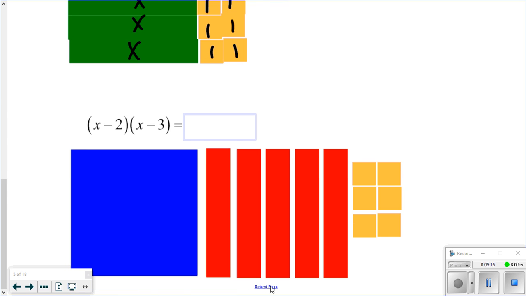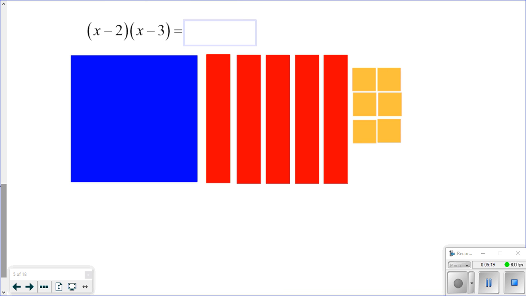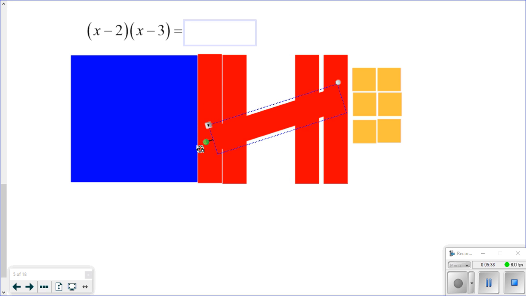Okay, and then this last one here, I'm noticing I have an x minus 2 and an x minus 3. Because I have negative numbers here, that's why we have red ones instead. So we're going to move 2. And then I'm going to put 3 on the bottom.